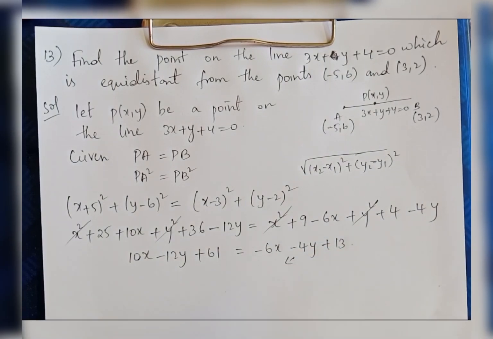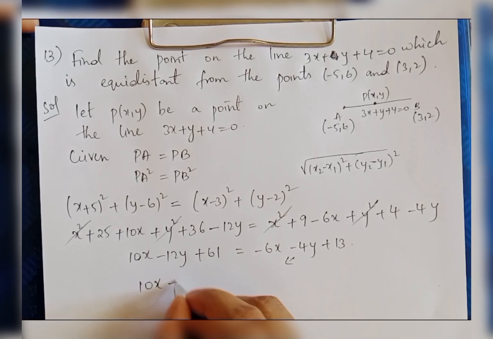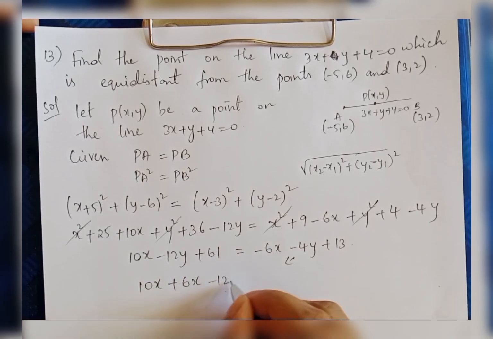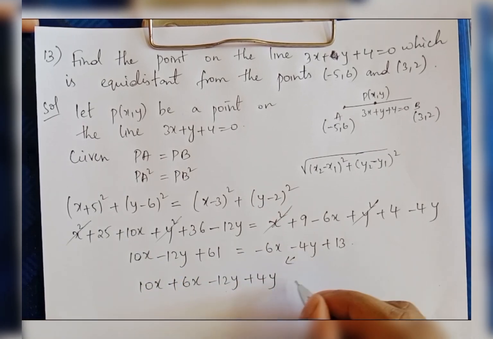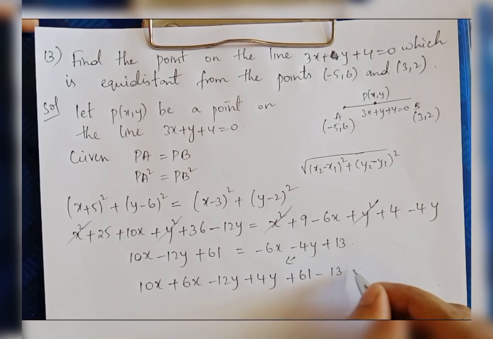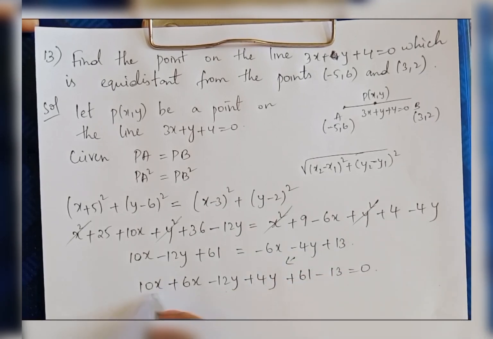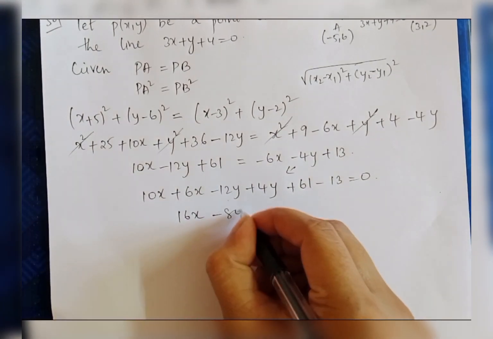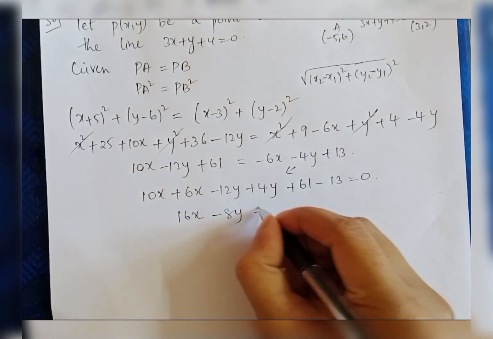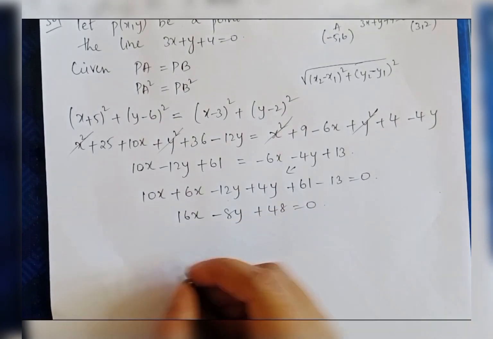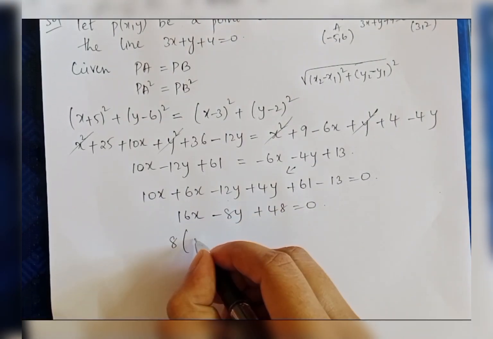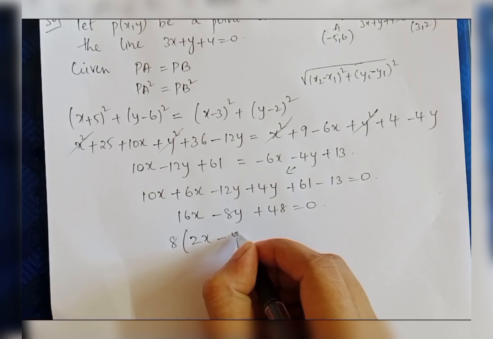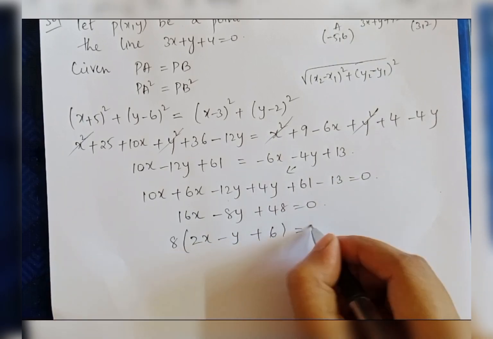Now transposing these terms over here, it will be 10x plus 6x minus 12y plus 4y plus 61 minus 13 equal to 0. 10x plus 6x is 16x, minus 8y, 61 minus 13 is 48, equal to 0. Taking 8 common, we will be remaining with 2x minus y plus 6 equal to 0.